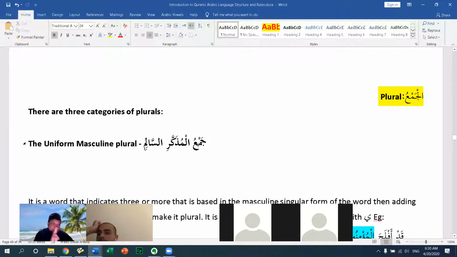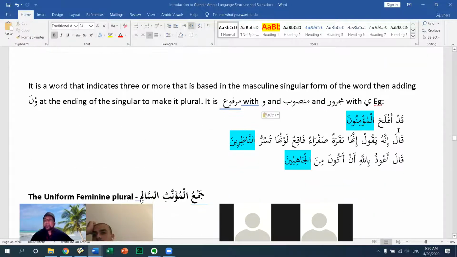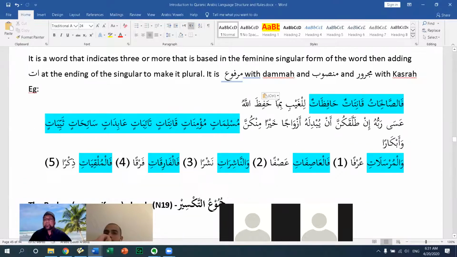So we're learning two things: the pattern, and how to do i'rab of those patterns. For jama' al-mudhakkar al-salim, easy. Al-mu'minuna, al-mu'minina. Marfu' with waw, majrur and mansub with ya. Jama' al-mu'annath al-salim, marfu' bid-dhamma, mansub and majrur bil-kasra.